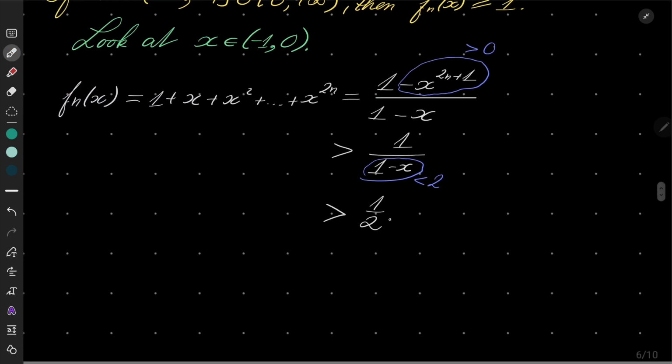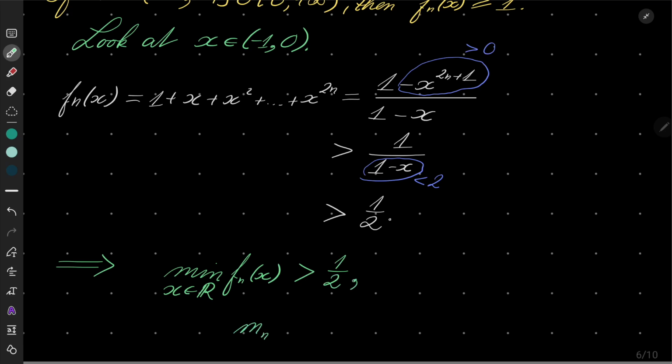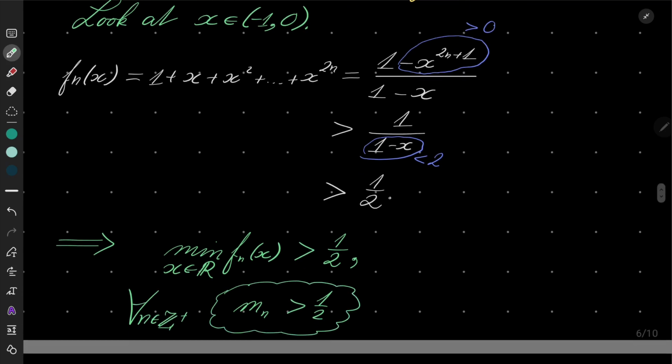Okay, and that means that the minimum over all real numbers of our function is necessarily greater than 1/2. Or in other words, m sub n is greater than 1/2 for every positive integer. Okay, so now we have one bound.